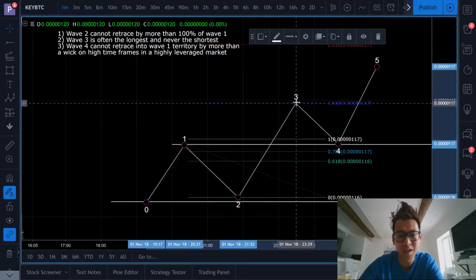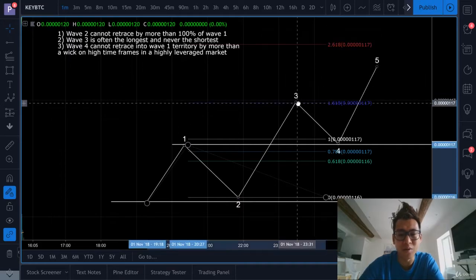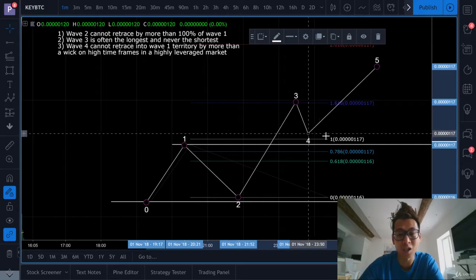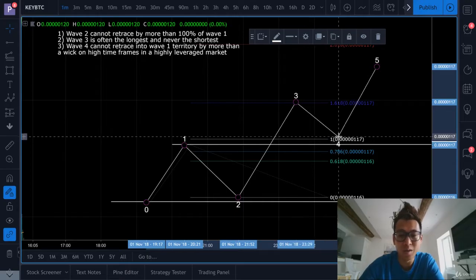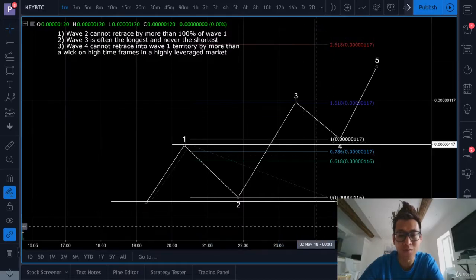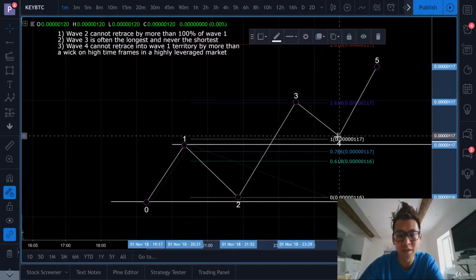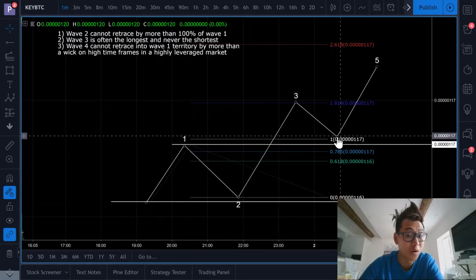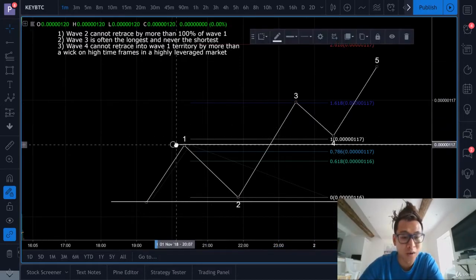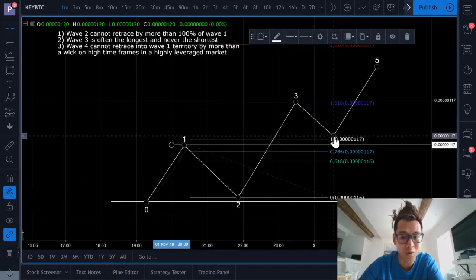So let's just say that we always assume that wave 3 will hit generally the 1.618 Fibonacci region, okay? And the reason why we assume that is because we expect wave 4 to come down and then bounce off of wave 1 or near the wave 1 territory, right?